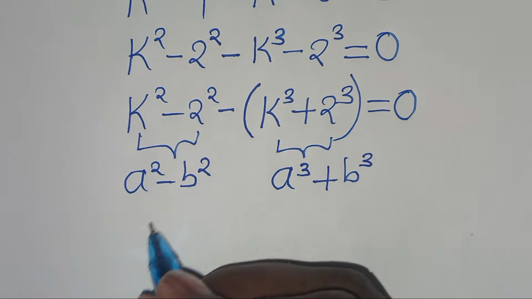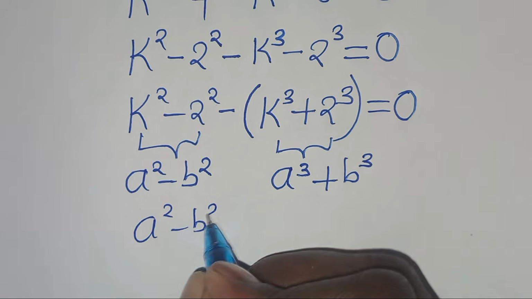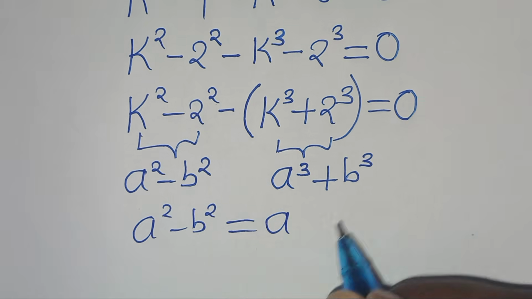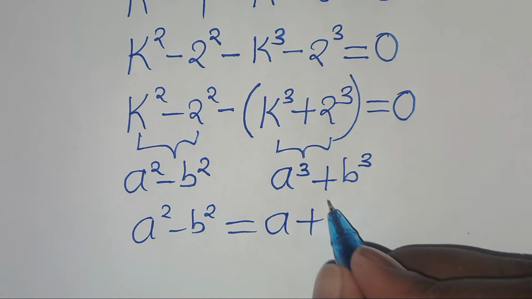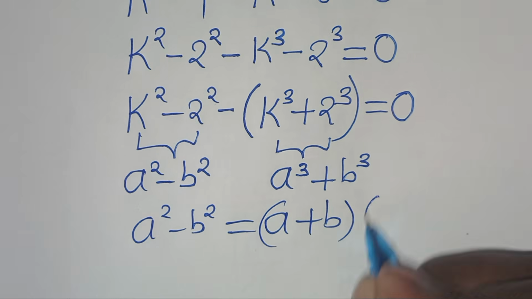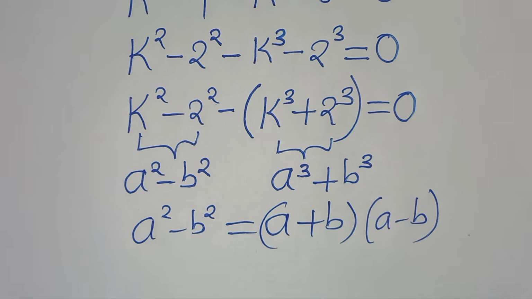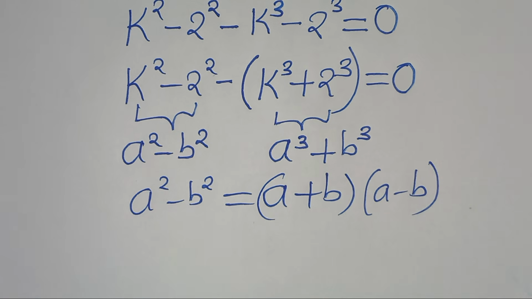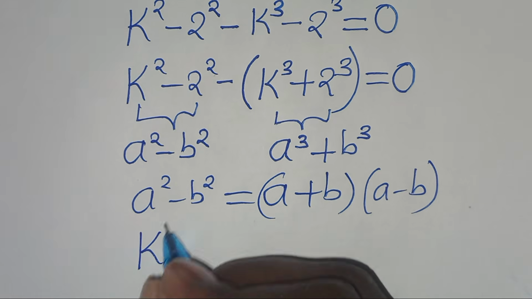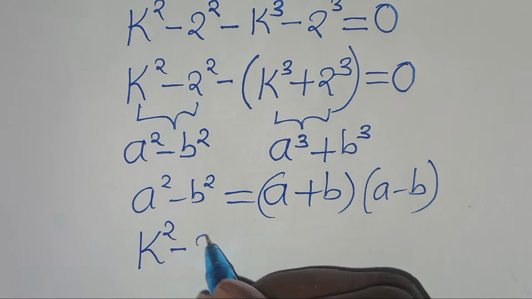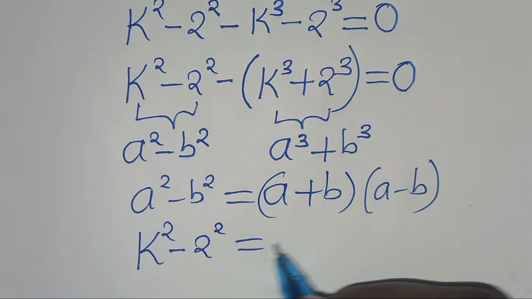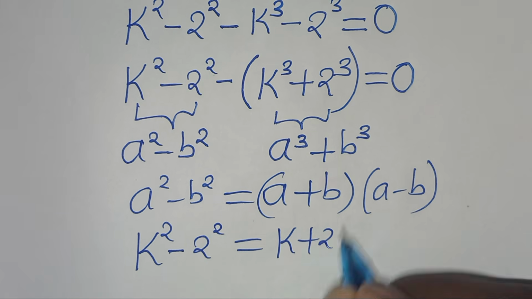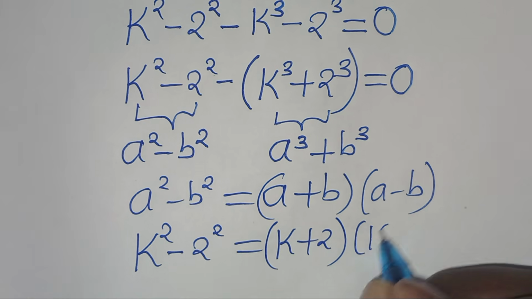Now, this is a squared minus b squared, which is equal to a plus b multiplied by a subtract b. So this means that we have k squared minus 2 squared, which we can express as k plus 2, then k minus 2.